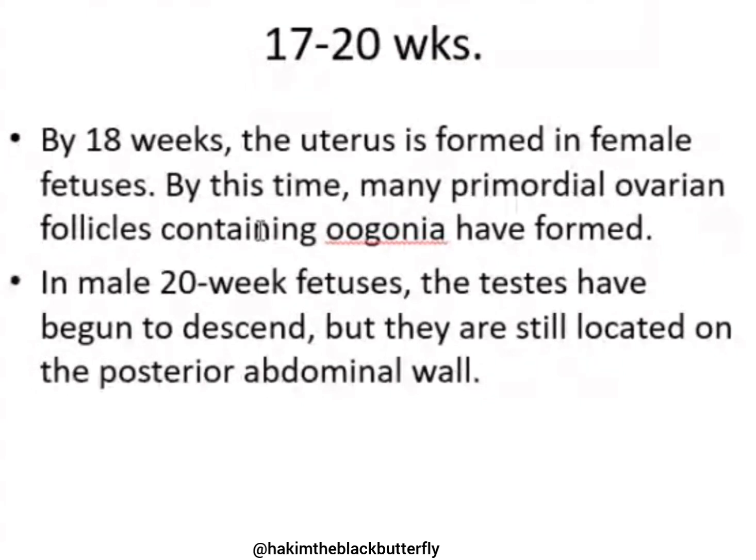And here I say that by 18 weeks, that is still between week 17 to week 20, the uterus is formed. And then as we saw that oogonia have migrated to the follicles.